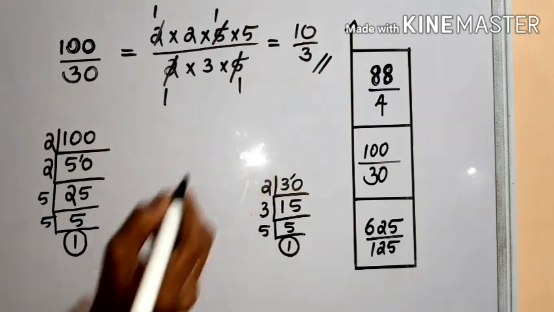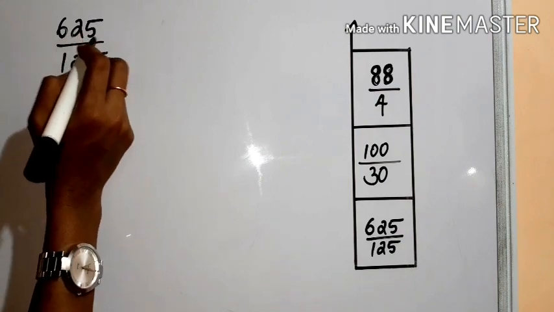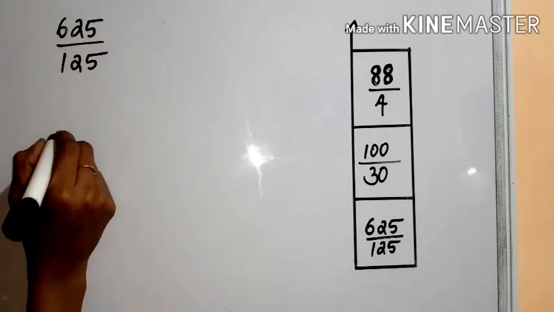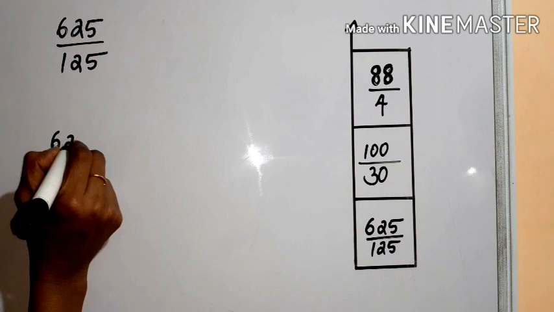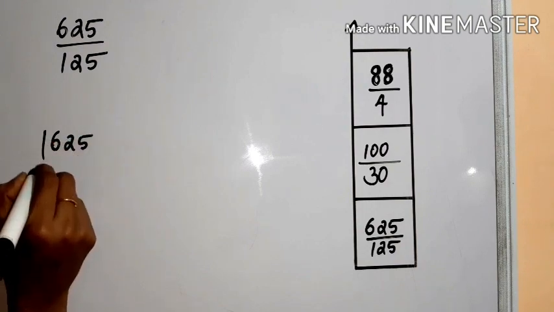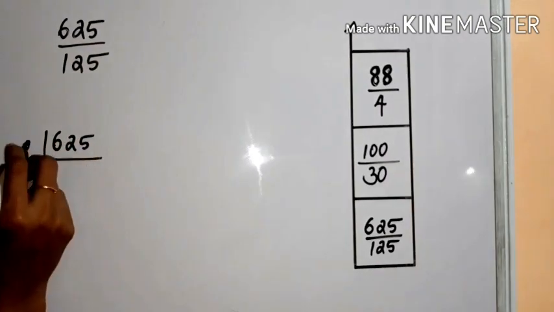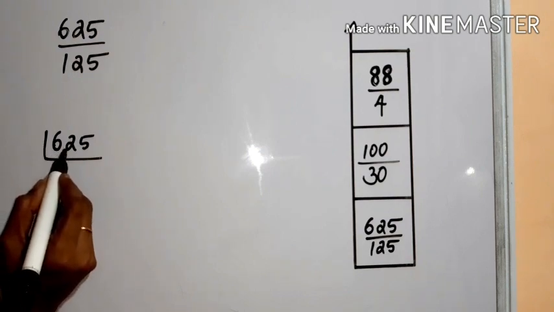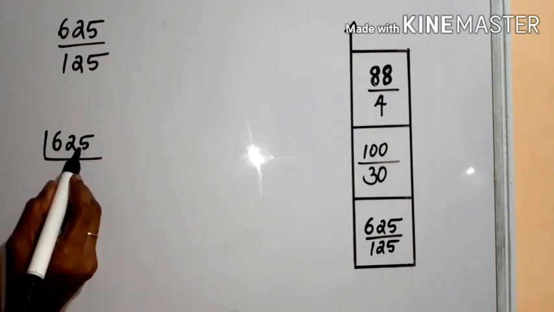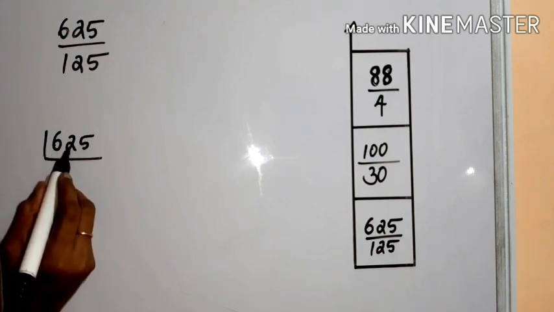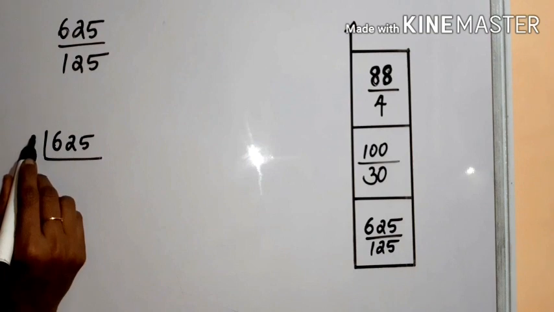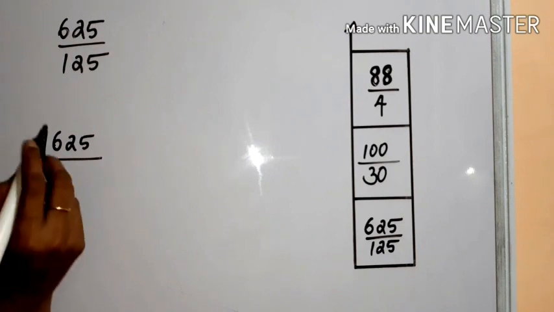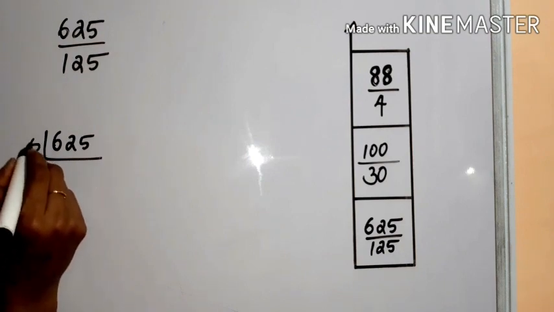So easy, right? Now we have 625 by 125. First, prime factorization of 625. It's not an even number, so we cannot have here 2. The next prime number 3. Possible or not? Let us check. 6 plus 2, 8. 8 plus 5, 13. 13 is not a multiple of 3. So we cannot have here 3. The next prime number 5 is possible, no?